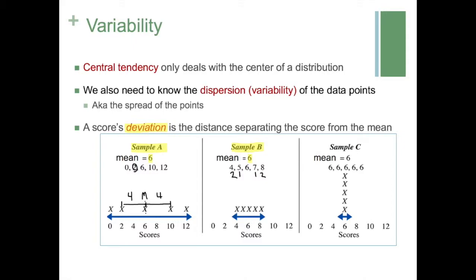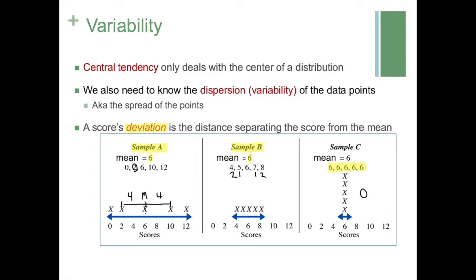And now finally we have sample C. This would be a uniform distribution where all the points are the same. And this has no deviations for any of these scores, since 6 minus 6 for any of these is going to give us a deviation of 0.